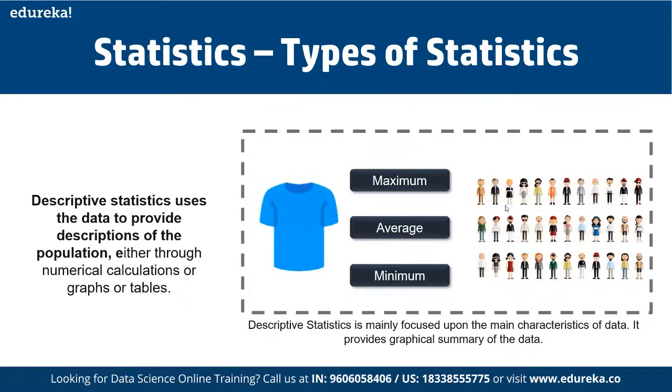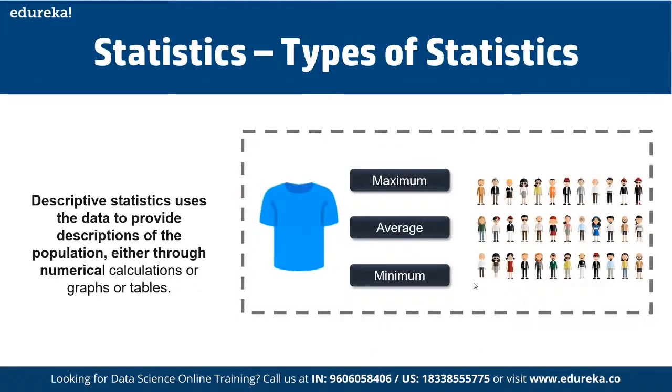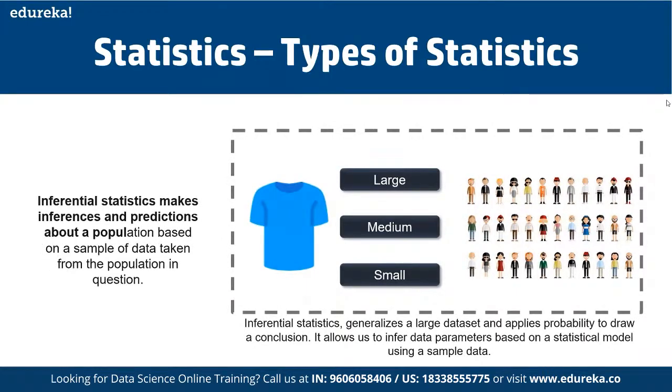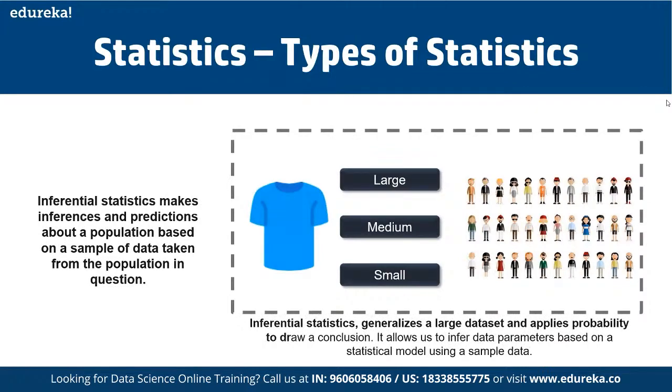Inferential statistics is when we are trying to infer some knowledge or information from the data. Suppose we make a hypothesis and test it, then we get back some inference from that, correct? That is what we refer to as inferential statistics.